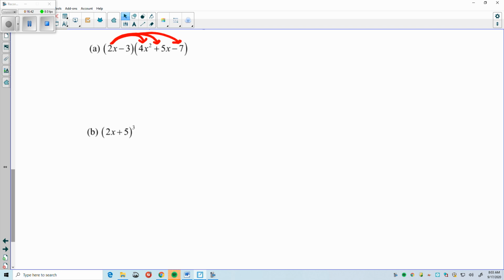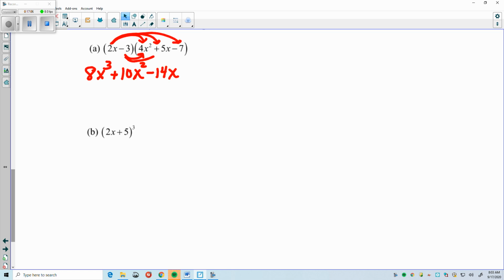So I have 2x times 4x squared, so 2 times 4 gets me 8. X times x squared, we have x cubed. 2x times 5x, I get a positive 10x squared. 2x times negative 7, so again, watch your signs, I have a negative 14x. Now we go back through and we do the same thing for the negative 3.